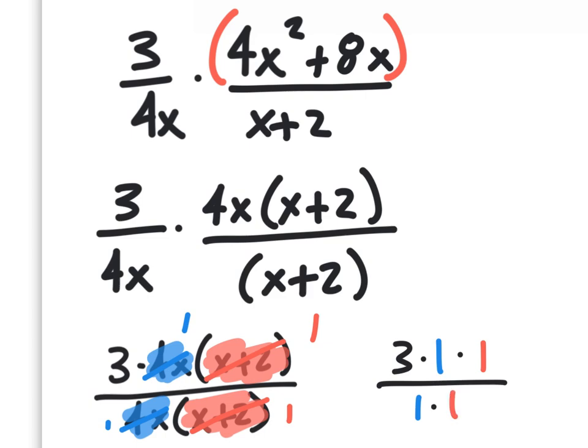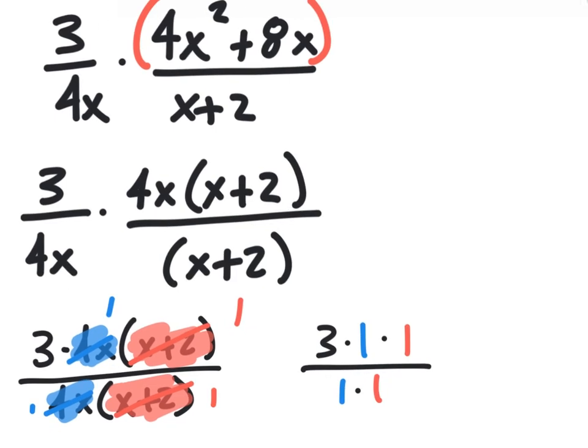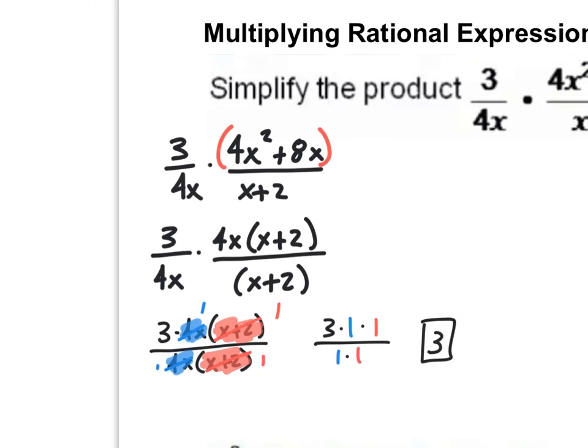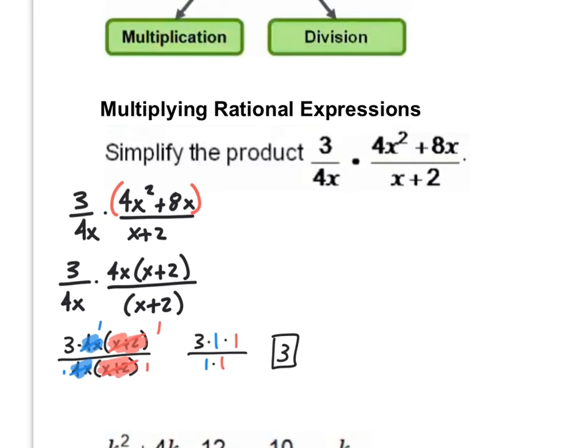And 3 times 1 times 1 is just going to give you 3/1, an answer of 3. So when you multiply these fractions out and simplify, you get an answer of 3. And that's the idea.